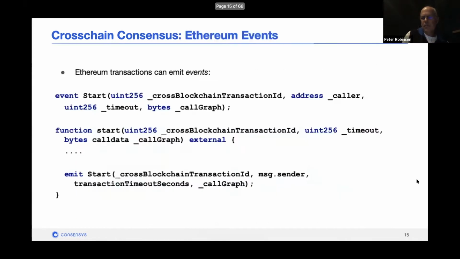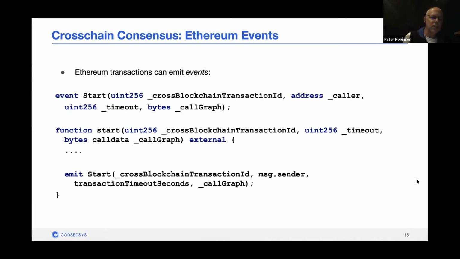And so the system that I've put together relies on Ethereum Events. If you look at the code we've got on the screen here, you've got an event defined, say start, which takes some parameters.